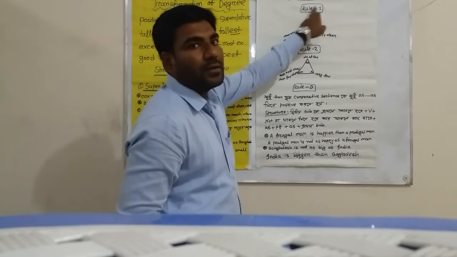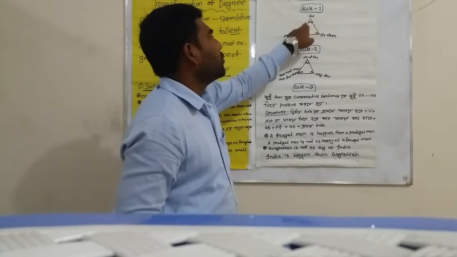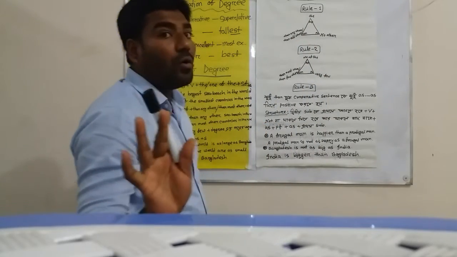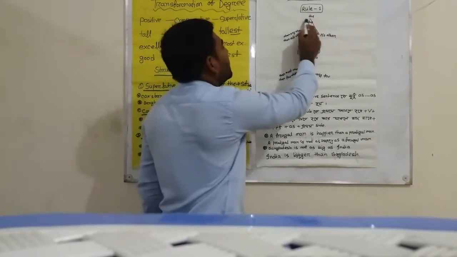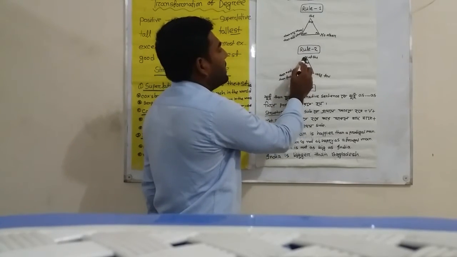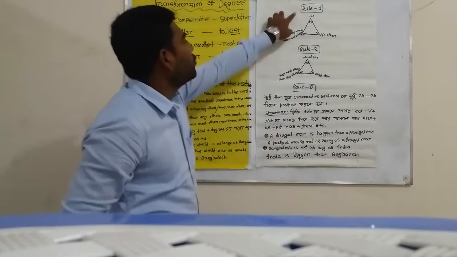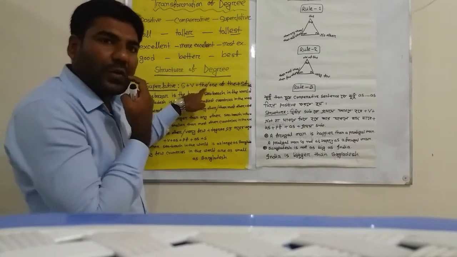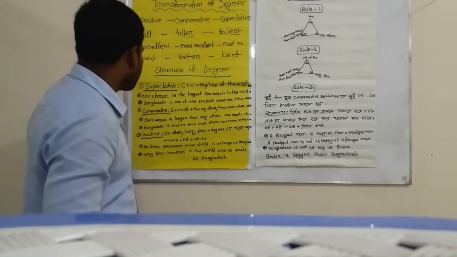This is the rule 1. Rule 1, the. Superlative form the. Only the. There is no one of the. Be careful. There is no one of the. Only the. In the rule 2, there is one of the. These two rules I have combined here so that you can easily understand.